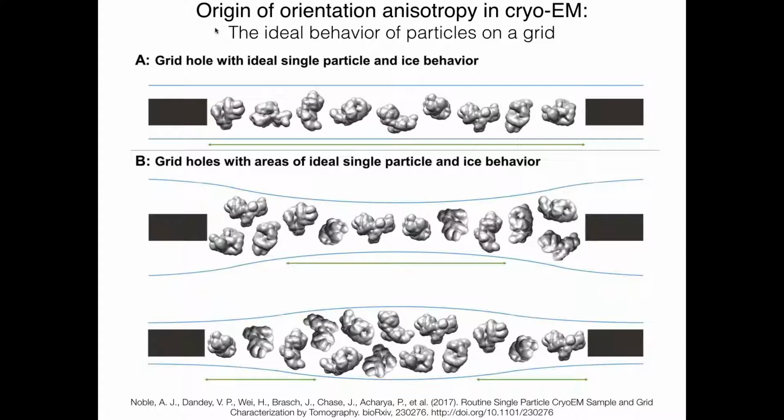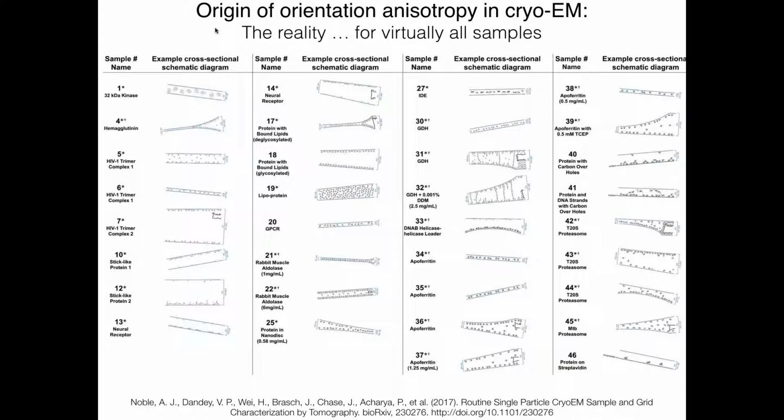Even if you have an even layer or one that is a little bit concave or convex, you would expect random orientations inside this layer. In fact, this is completely not true. What the specimens do is adhere to one of two air-water interfaces.